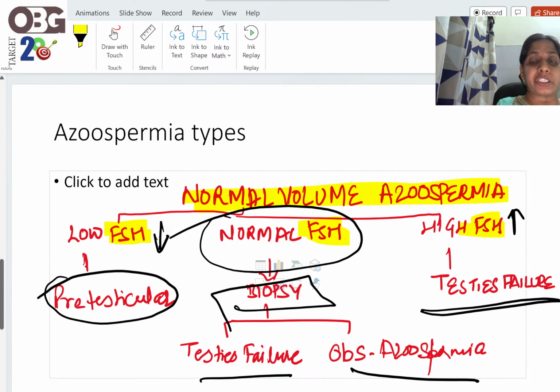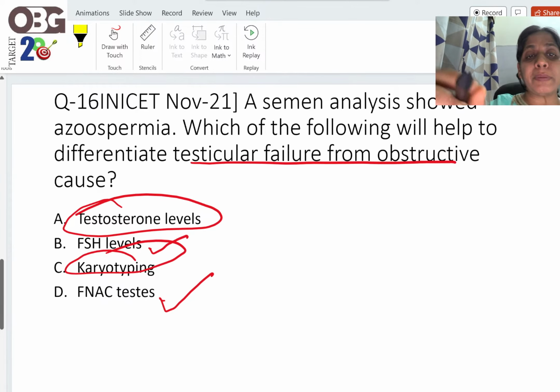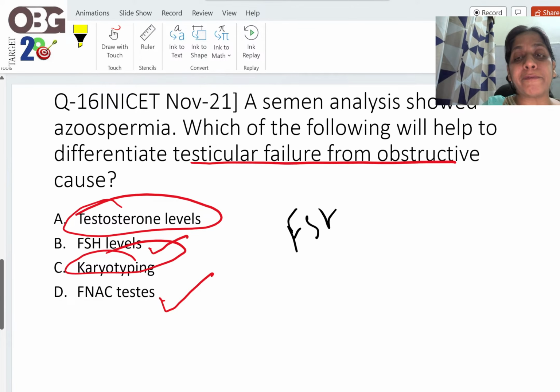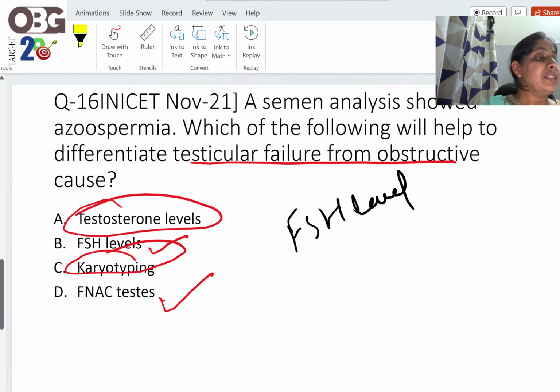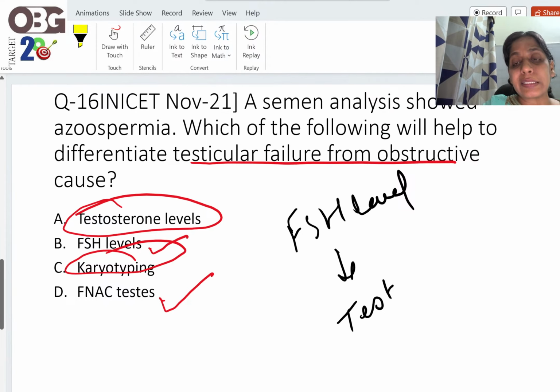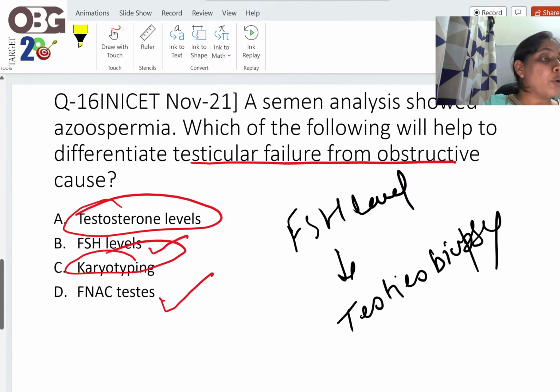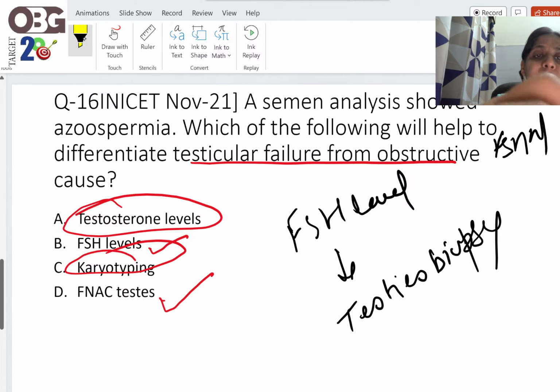In this condition, you will not write testis biopsy here, because they have not done the FSH level. Once they are done with the FSH level, only then you will say that the answer is testes biopsy. Supposing in this question they had written that FSH is normal, then your answer would have been FNAC testes.